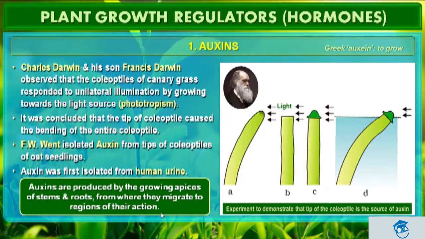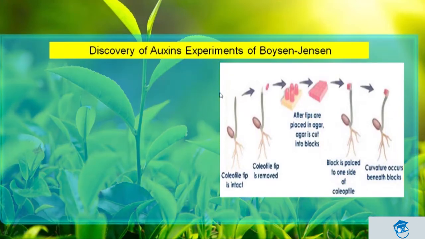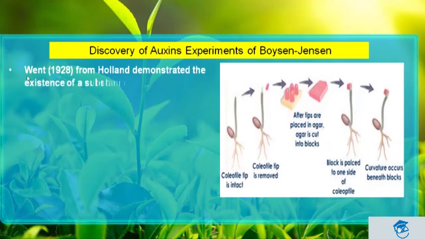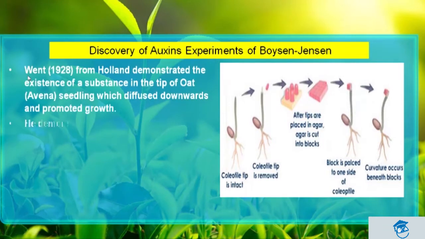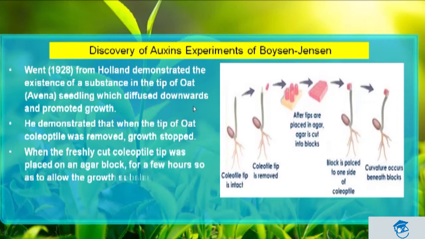Okay. Now, discovery of the auxin: experiment of Boysen and Jensen. Went, in the year 1928 from Holland, demonstrated the existence of a substance in the tip of oat, that is Avena seedling, which diffused downward and promoted growth.